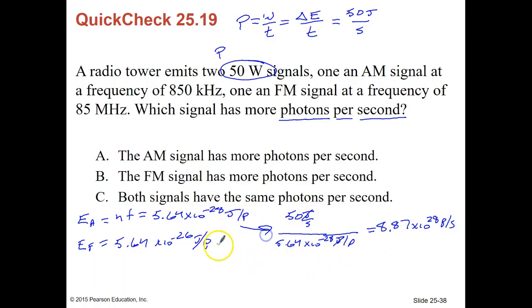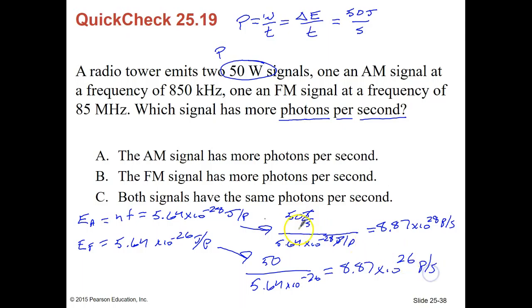That's for AM. Then for FM, we do the same thing, 50 over 5.64 times 10 to the negative 26th, and that one will be 8.87 times 10 to the 26th photons per second. So that's why the AM signal has more photons per second and not more energy per photon. So hopefully that helps.